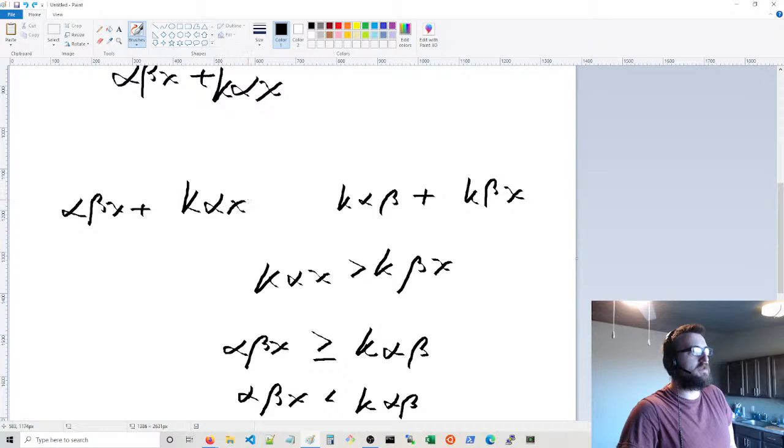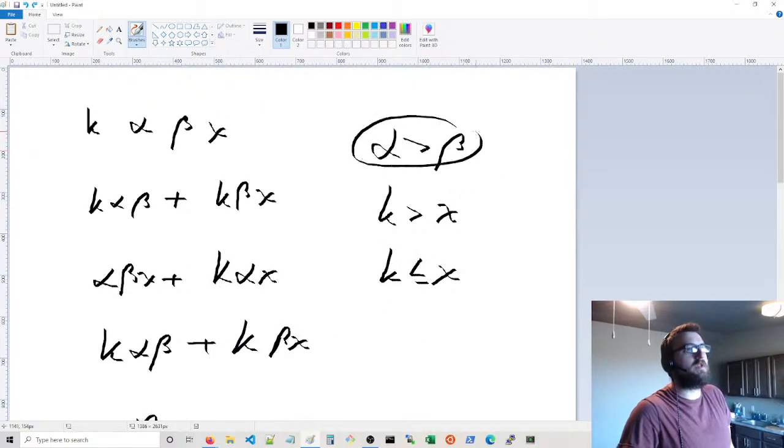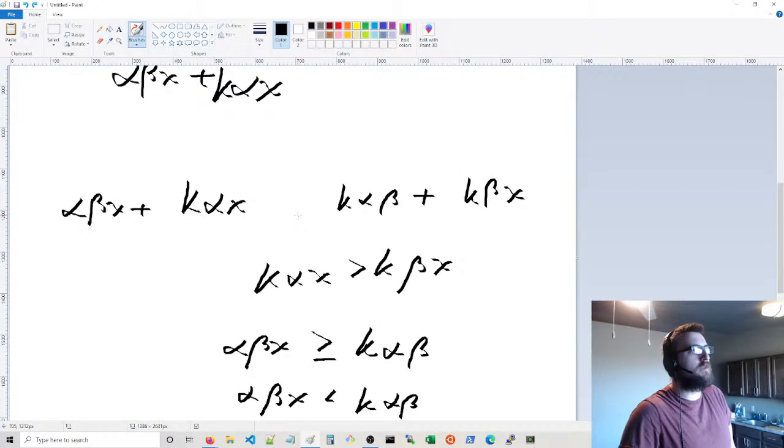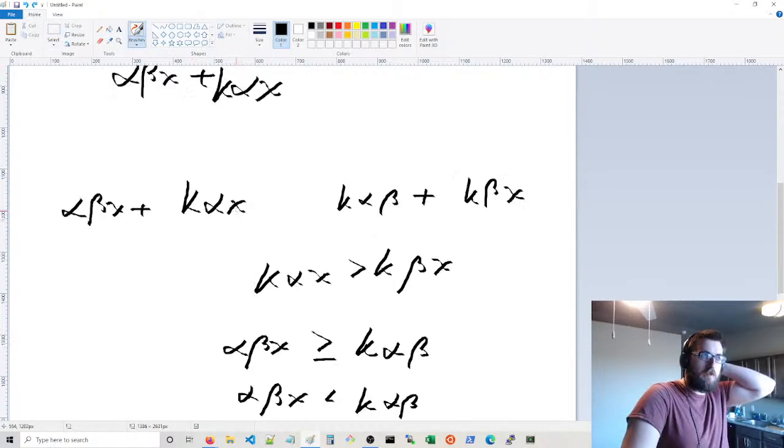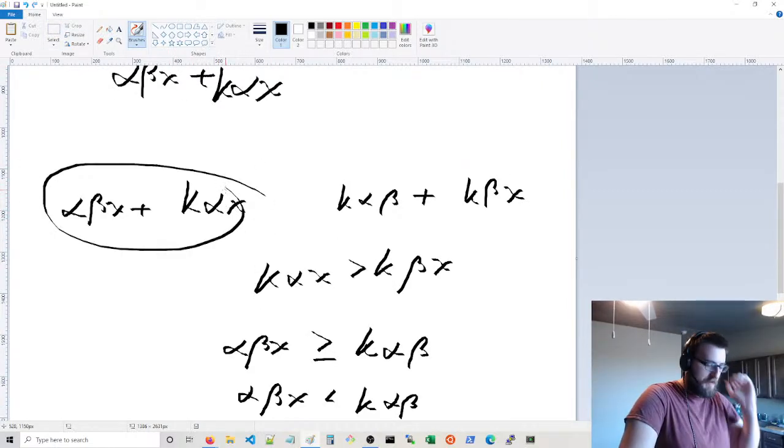So alpha beta x plus k alpha x, if you're in this situation, alpha is greater than beta, and k is less than or equal to x, which is a little bit confusing, then this first one is always going to be the right choice.